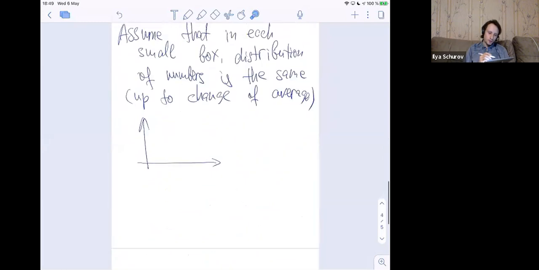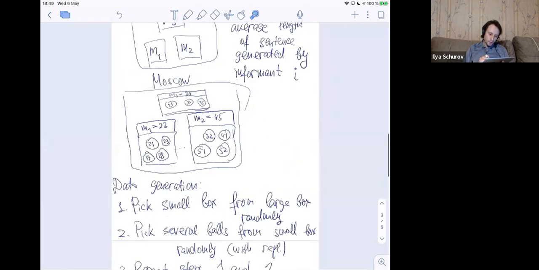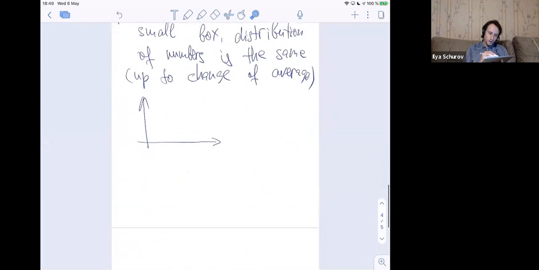So, for example, I have a first box where the average is 23, and I have some distribution like this. I assume that it looks like a normal distribution, and this is the distribution of numbers in box 1.